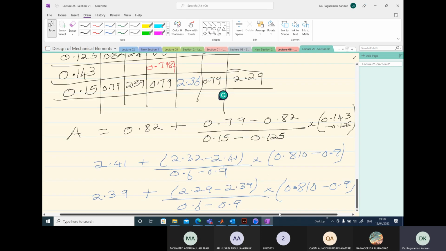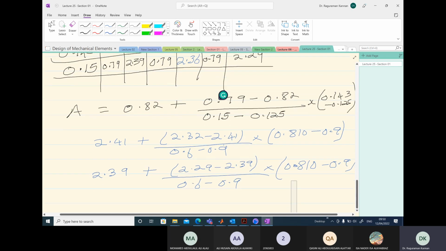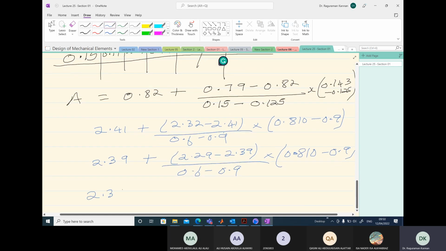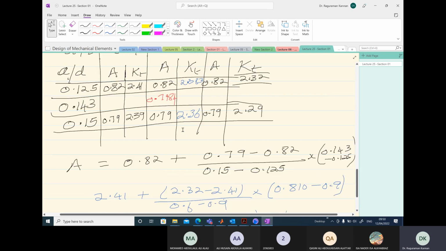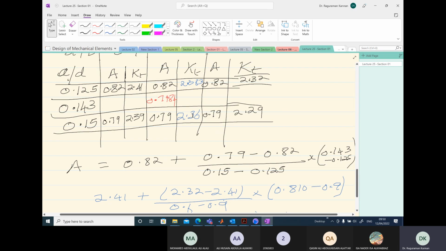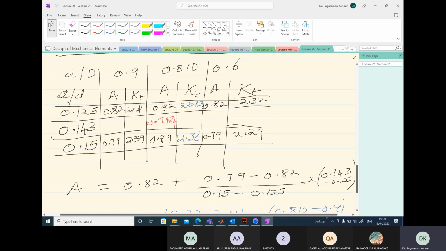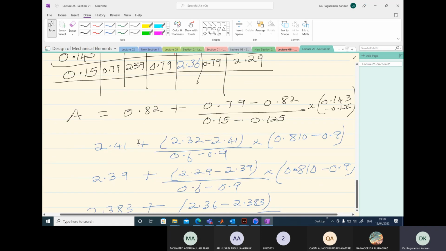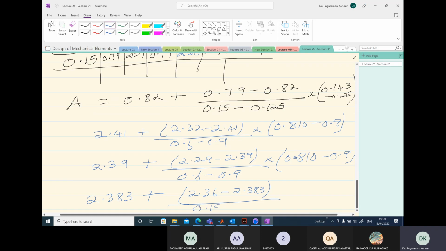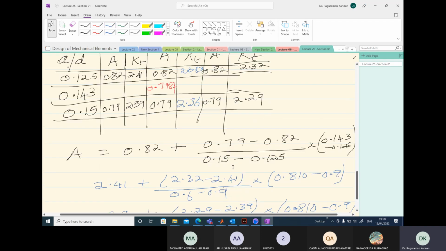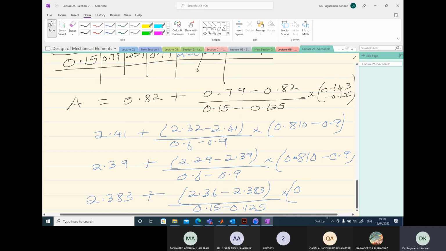So we have 2.383, we do vertical interpolation: 2.36 minus 2.383, all divided by the value 0.15 minus 0.125, and here we will have 0.143 minus 0.125.